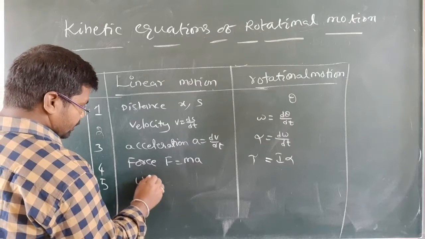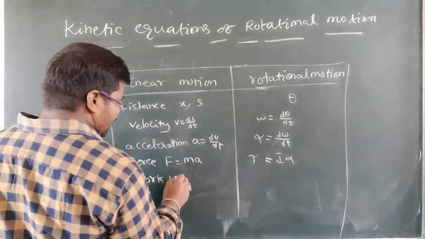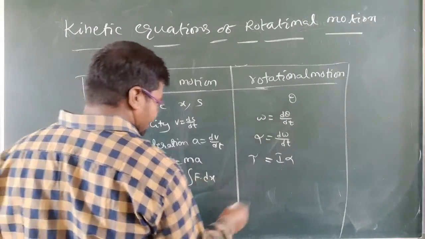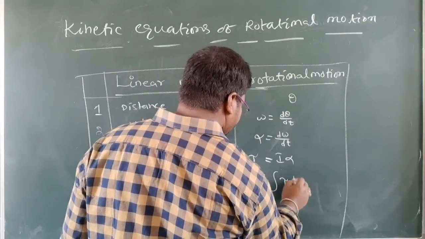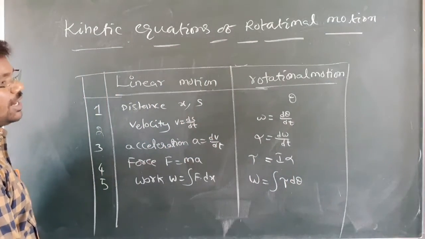Next, fifth one, work: W is equal to integration of F into dx. Here work is equal to integration of tau into d theta. Understand?